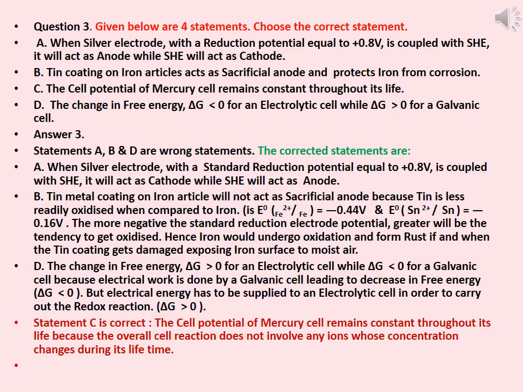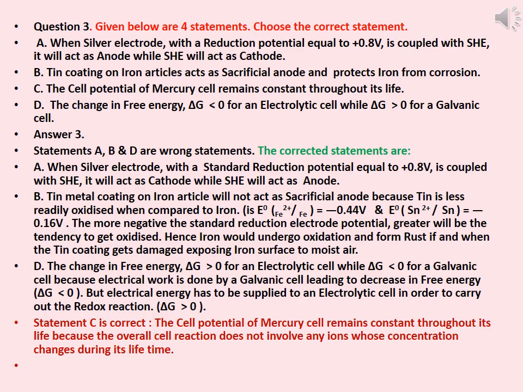The greater the positive value of reduction potential, the higher is its tendency to undergo reduction. Silver electrode shows greater tendency to undergo reduction. Therefore, it would function as cathode in this galvanic cell. B statement. Tin coating on iron articles will not act as sacrificial anode. Why?